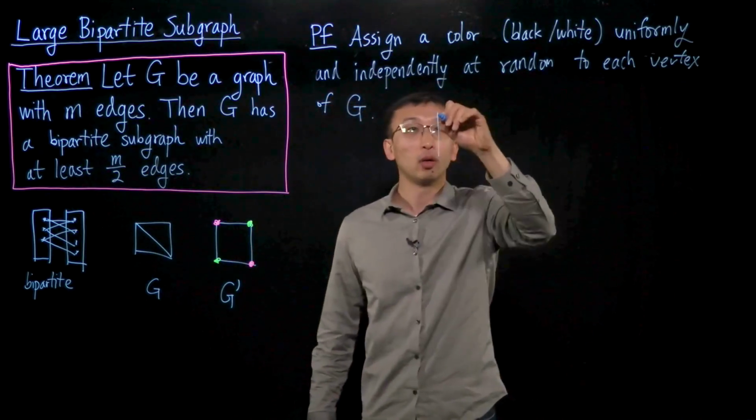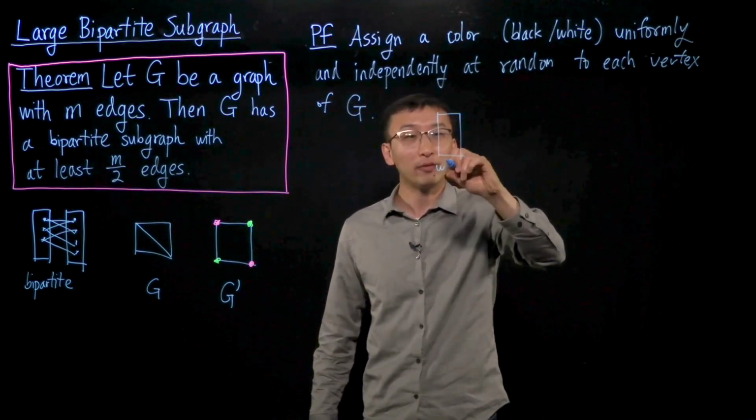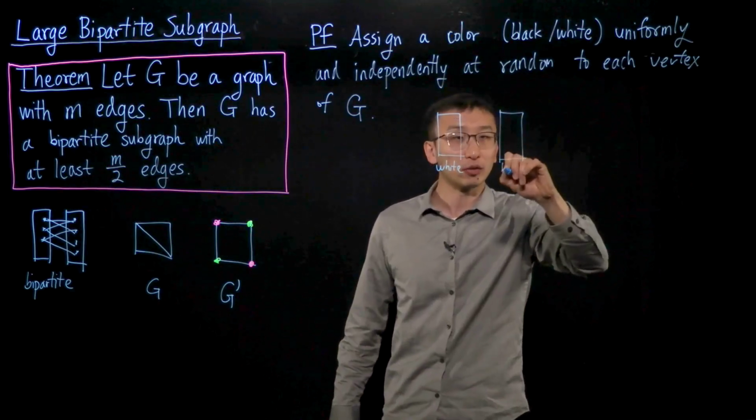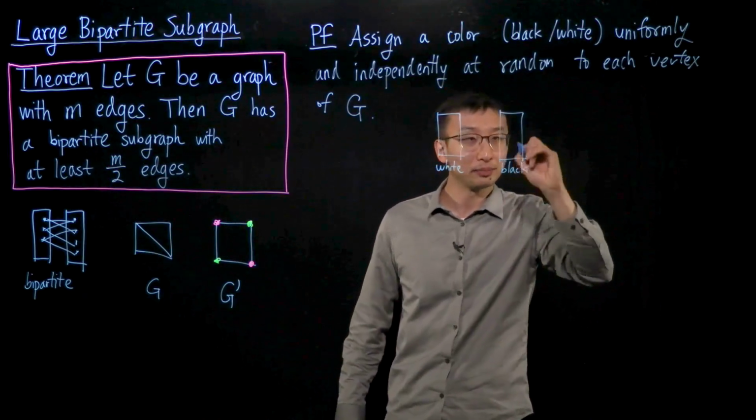After doing this, we can put all the white vertices of G on one side and all the black vertices of G on the other side.